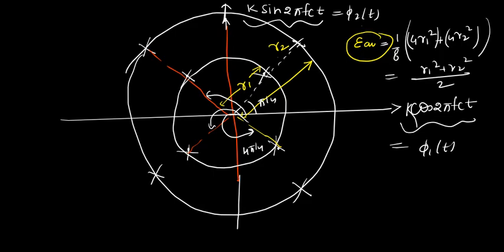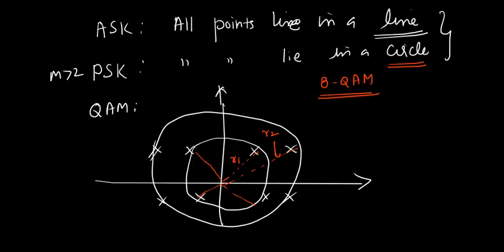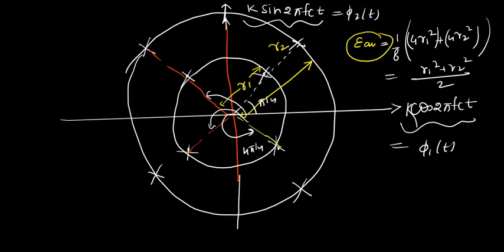So, don't make these mistakes if I ask questions in the exam. The average energy of a QAM constellation, you can find like this. R1 can be any value, right?